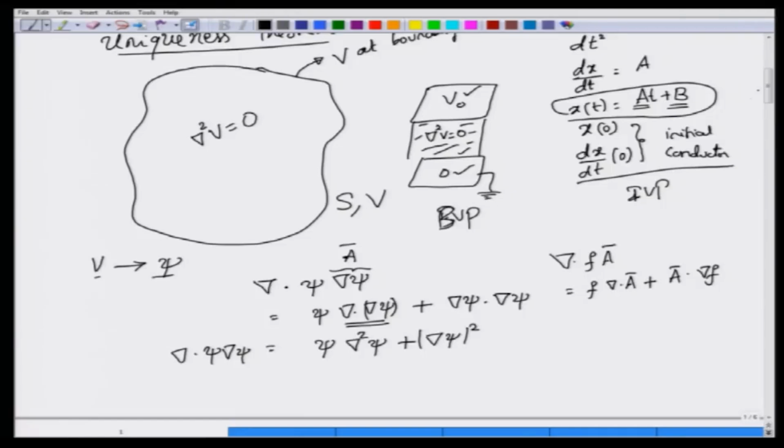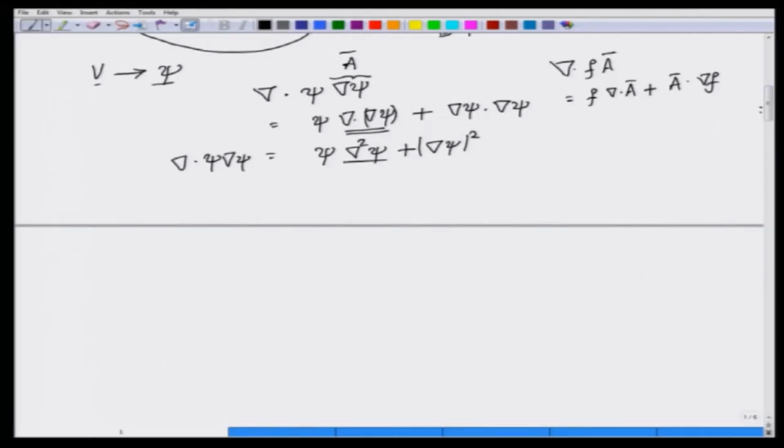If you look at this quantity, you will immediately recognize that the first term has to be equal to 0. Why? Because in the region that I am considering, the Laplace equation tells me that del square of the potential is equal to 0, and since psi is essentially the potential that we are considering, this term must be 0. So, 0 multiplied by psi is 0, and this entire term is equal to 0.